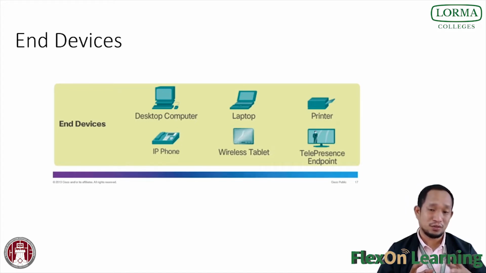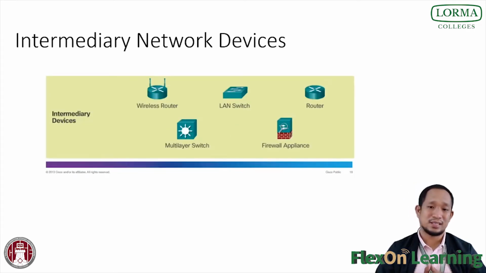And in order for these end devices to communicate, we have now our intermediary network devices. Intermediary network devices now are things that make our end devices communicate. Remember, end devices are the ones we use, the ones we interact with. End devices communicate through our intermediary network devices.